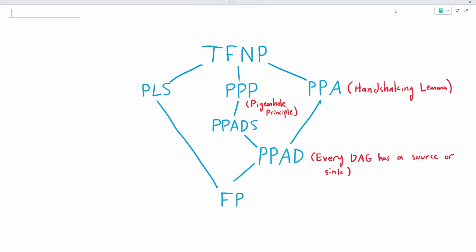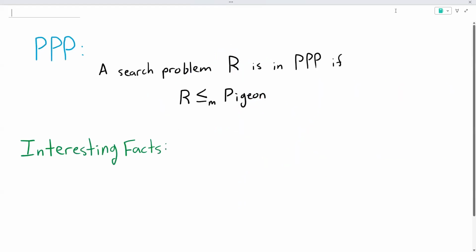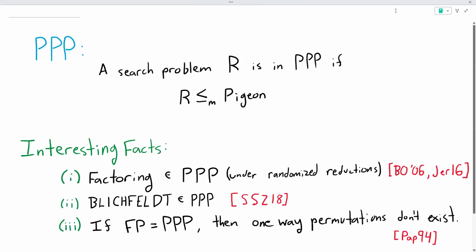And there's a whole complexity zoo of TFNP just on its own. Okay, so let's dive more into PPP. A search problem R is in PPP if there's a many-one reduction from R to this problem Pigeon, which we just defined.